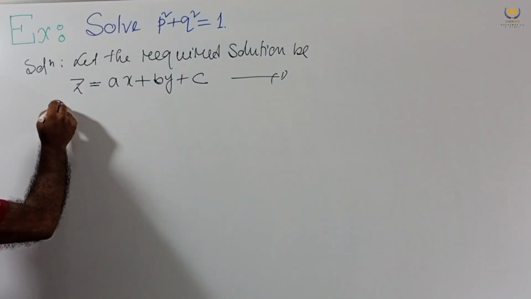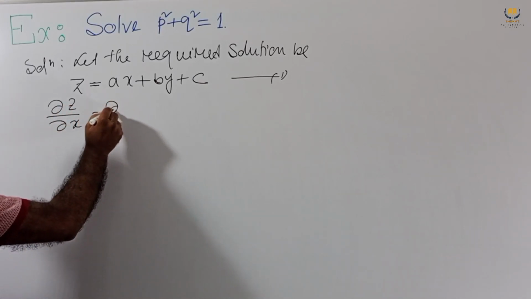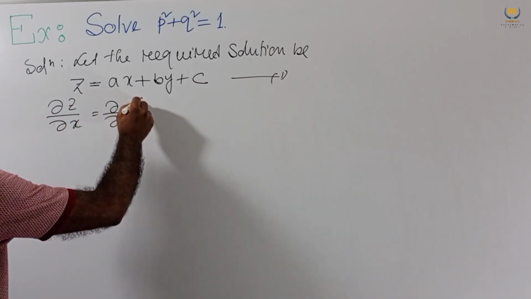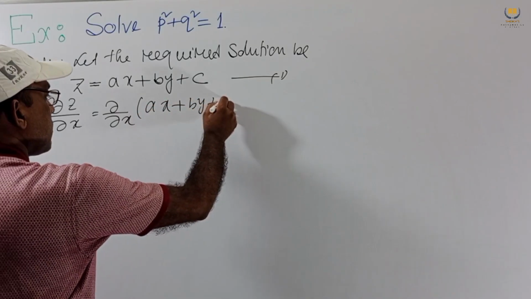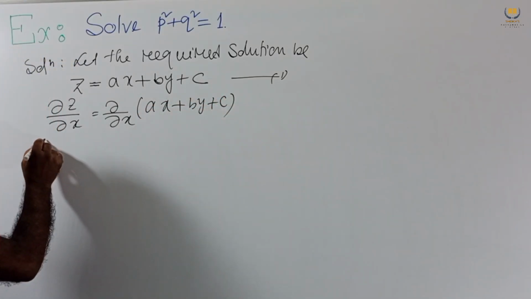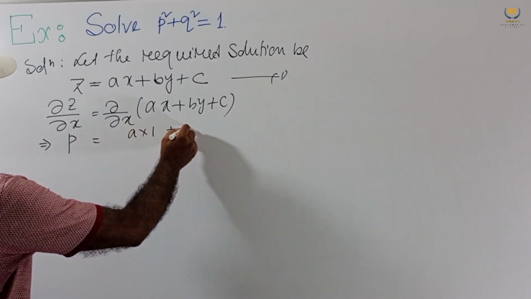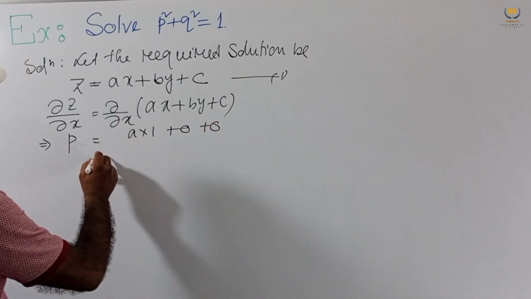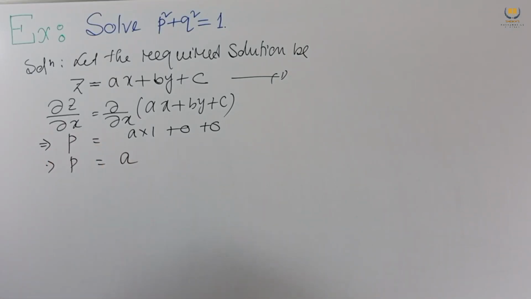We differentiate both sides with respect to x. This is our p. This is a into 1 plus 0 plus 0, and p equal to a.